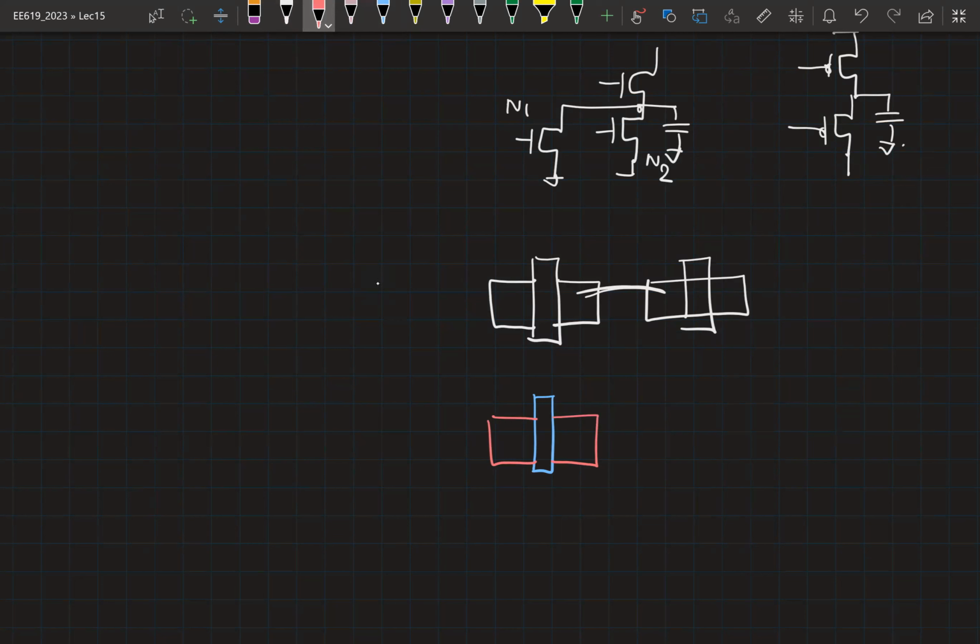So let's say I overlapped these two diffusions. How would you put a third NMOS such that it can share this diffusion? So you have one more NMOS that you need to connect. And if you are planning to share the diffusion, how would you share these two? Not possible, right? You will have to put a contact. So to put a contact, you will have to spread them.